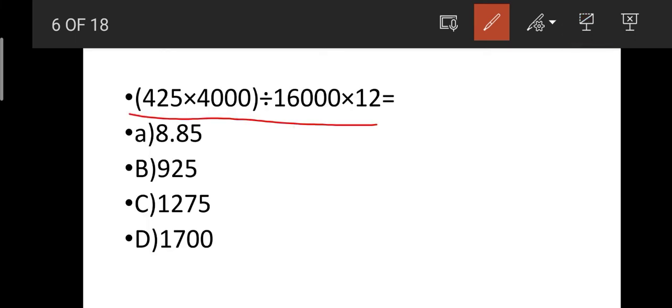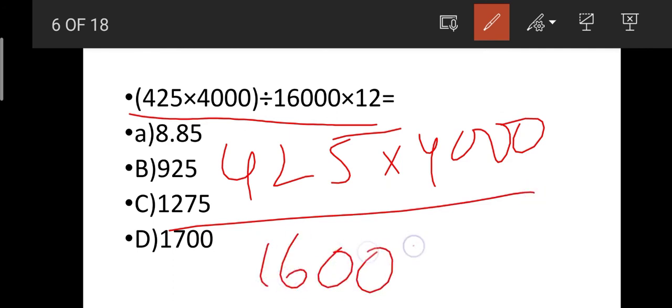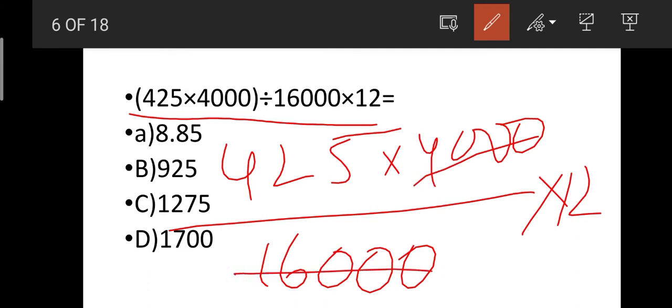Okay, I hope you understood this. Okay, in this question, if you observe 425 into 4000 divided by 16000 into 12, we can observe here 4000 is 4 times and 16000 is 4 times 4000, so it cancels to 3. So 425 into 3, what will be our answer?